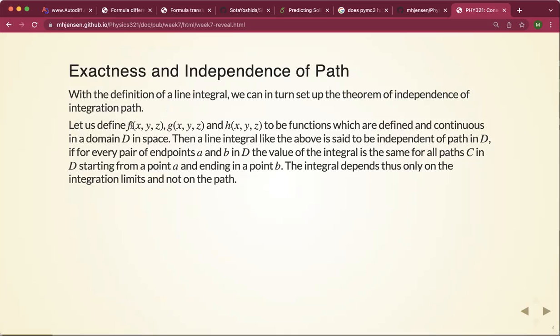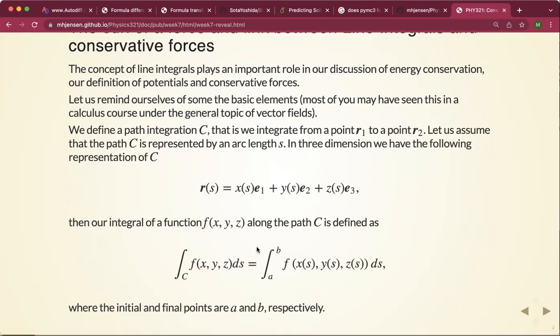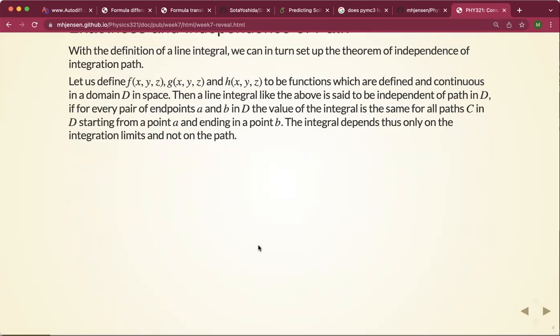You could define functions f, g, and h which are defined and continuous in a domain D in space. Then a so-called line integral, like the one we saw in the previous slide, is integrated along a certain path. In this specific case, it was just an integral along the arc s.